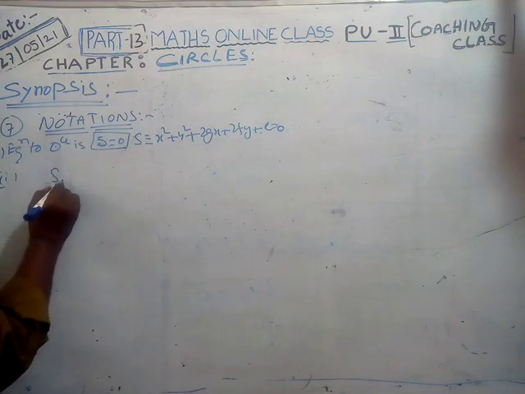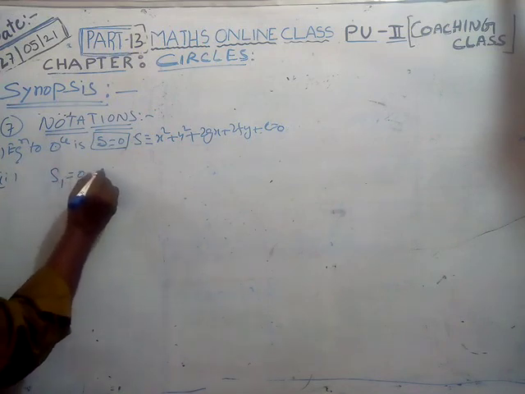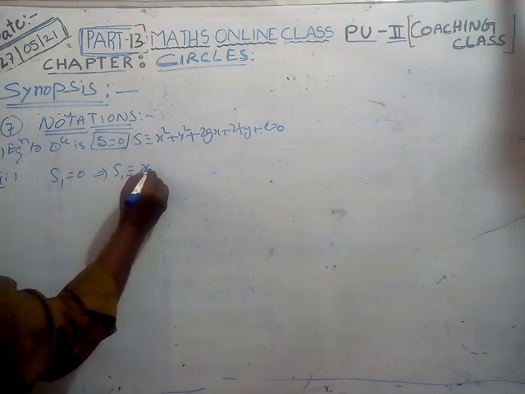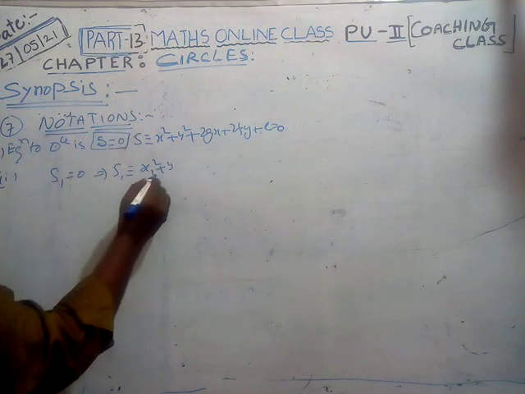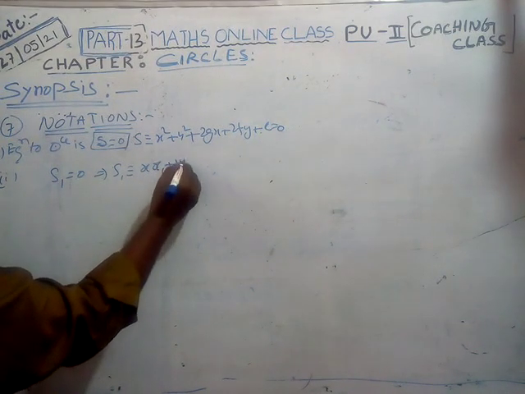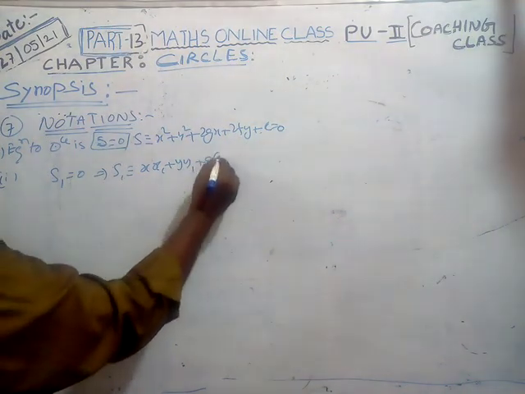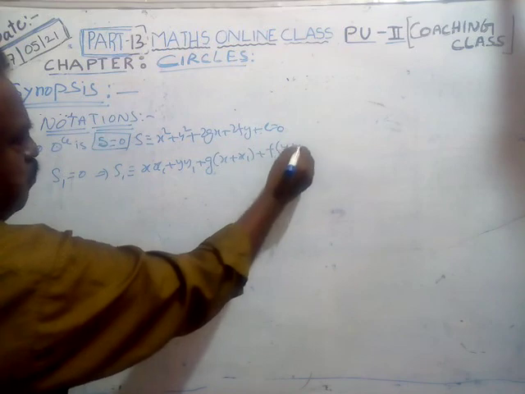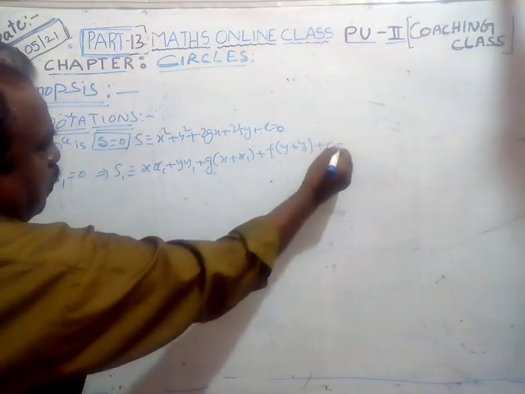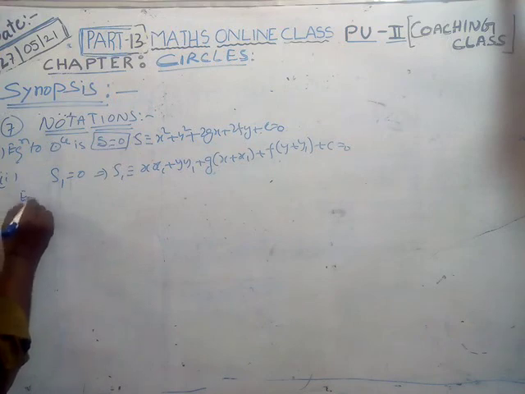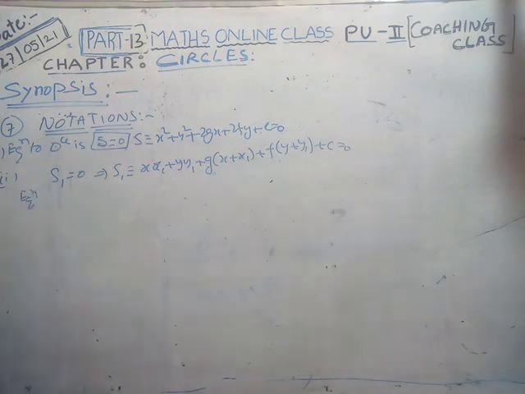Number 2. If I write S1 is equal to 0, what is S1? S1 means xx1 plus yy1 plus g of x plus x1 plus f of y plus y1 plus c is equal to 0. It is denoted by S1.